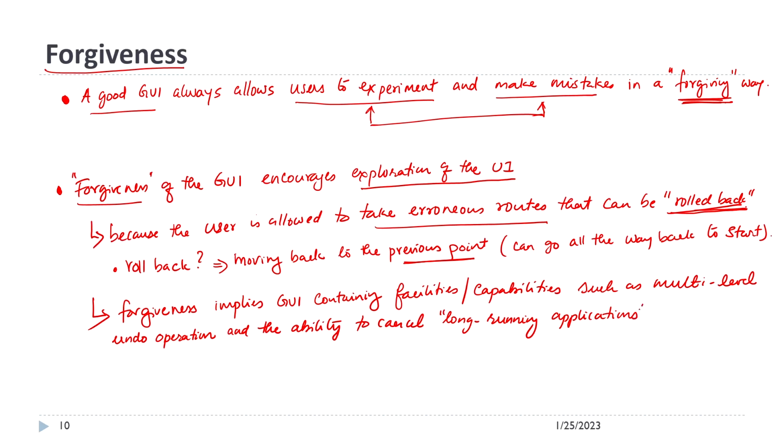Okay. So, this is a critical aspect, we will talk about it. So, forgiveness implies the graphical user interface having facilities or capabilities that allow for multi-level undo operation.